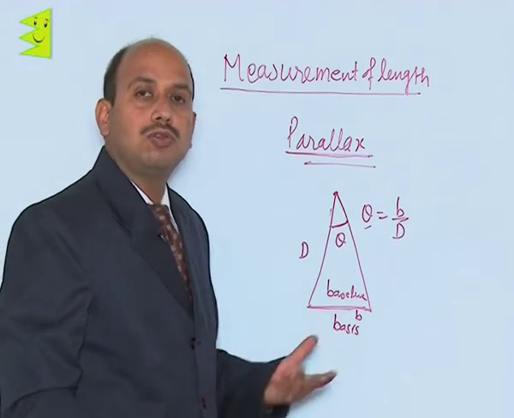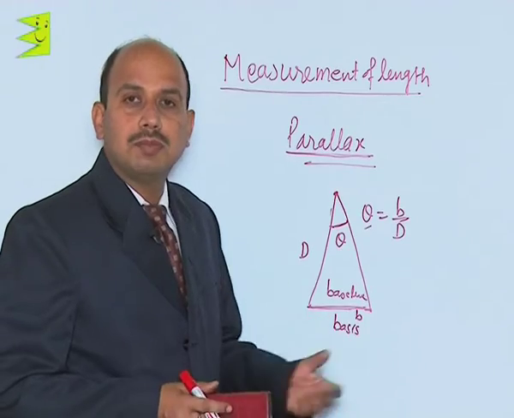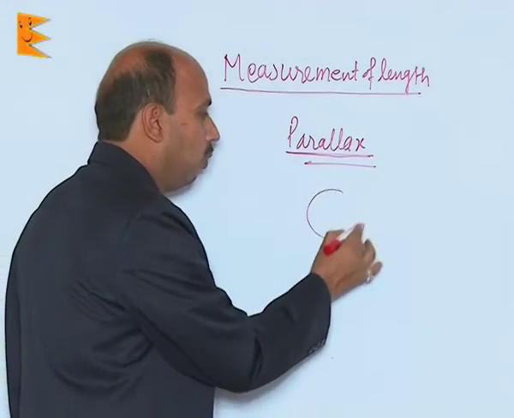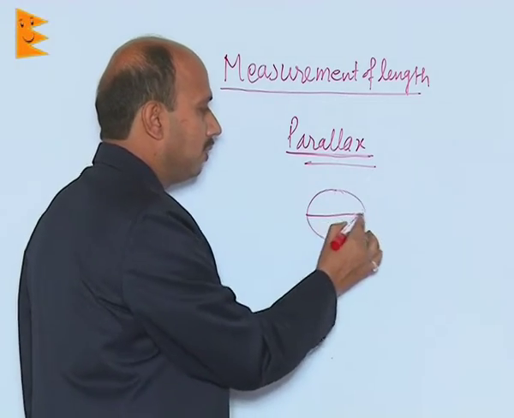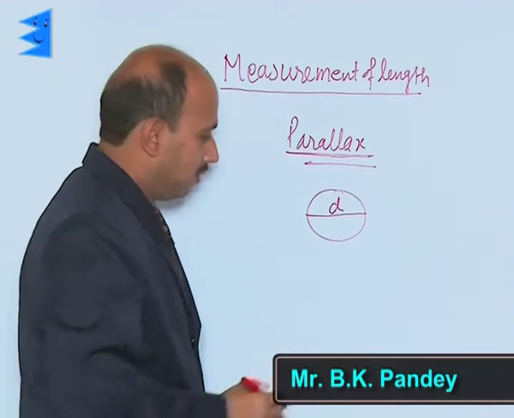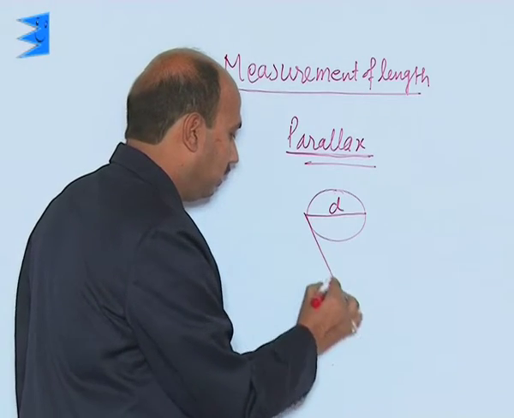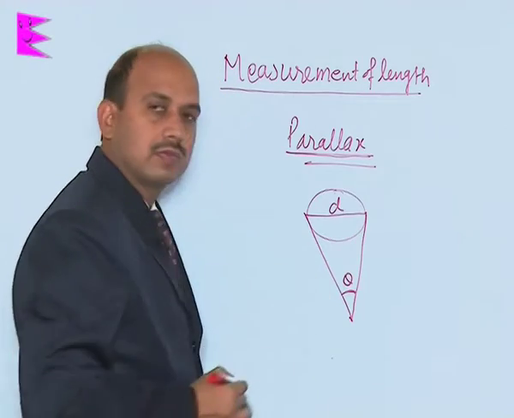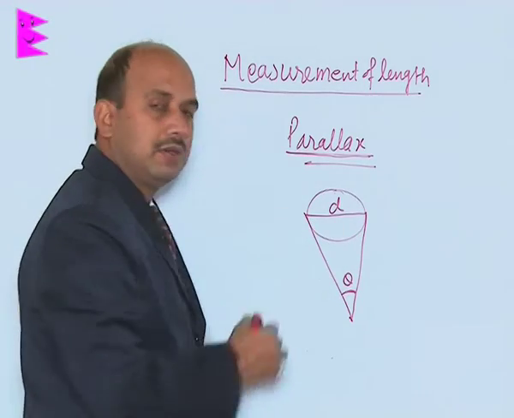This concept can also be used for measuring the size of heavenly bodies. Suppose there is the moon, and we take its diameter as D. From the surface of the earth you take these 2 points and measure this angle. This is the angular diameter.